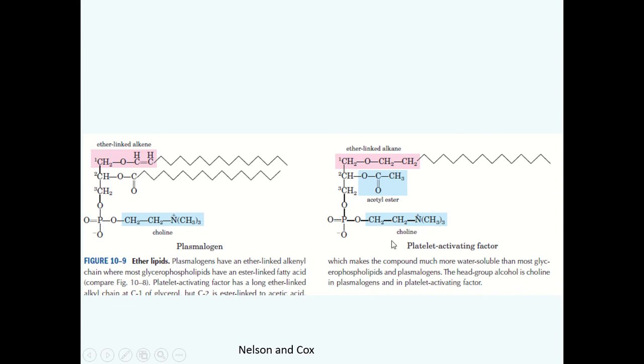This is the structure of platelet activating factor shown here. So here you can see that this part is glycerol onto which the lipid is attached through an ether linkage. So generally, glycerophospholipids contain an ester bond, but some types of phospholipids contain an ether linkage as well.